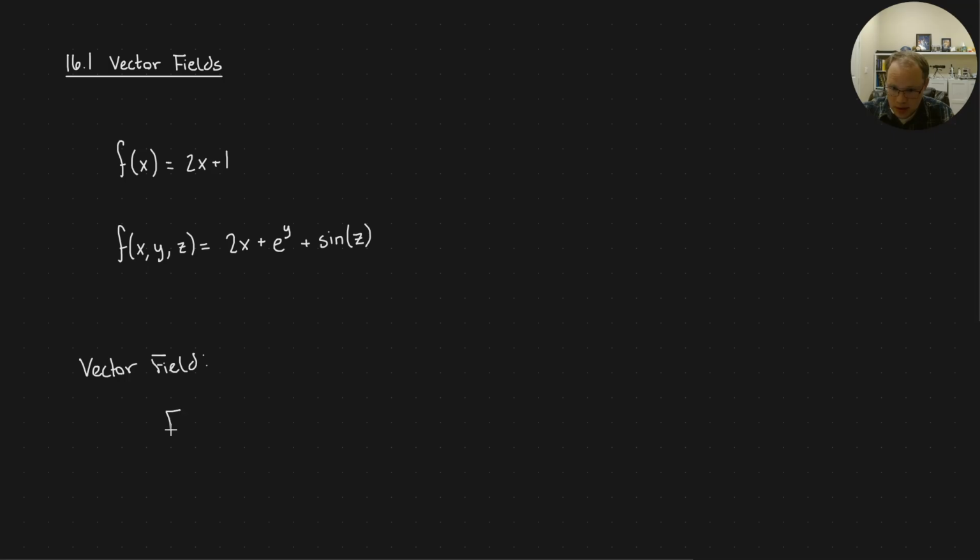Let's say f of x, y, let's restrict ourselves to 2 dimensions for now, and for each point x, y in two-dimensional space, we are going to associate with that point a vector. And the rule that tells us which vector is associated, let's make it negative y comma x. Okay?